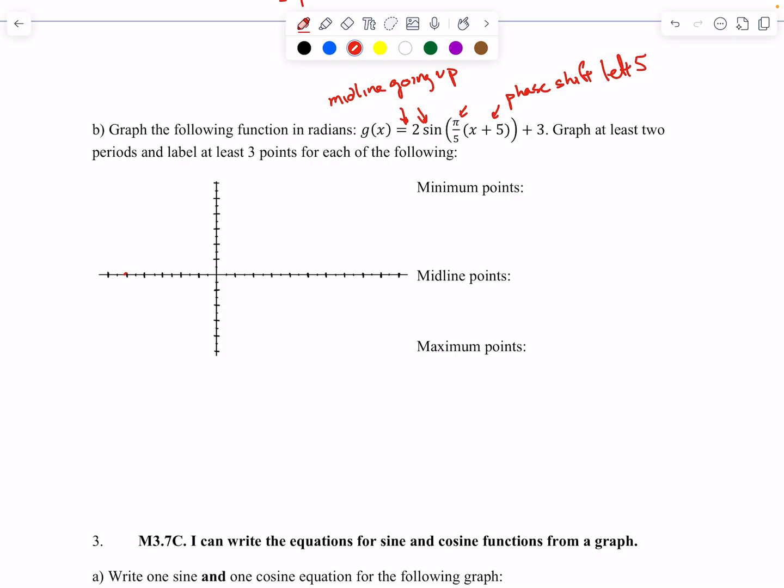So at left 5, we're in the middle of going up. So we have 2 sine thingy plus 3. The midline is at 3. And you go up to the amplitude up. So up to 5 and down to 1.